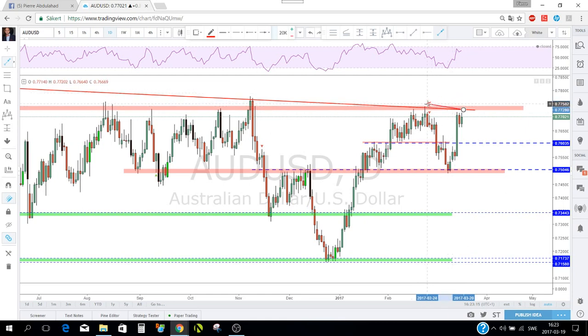A fake out above here and rejection should be very good and will give me a very good entry reason. So for me, I will be watching this 0.75 area up here, and I will be looking for bearish evidence on the lower time frame to try to find an entry reason for a short.